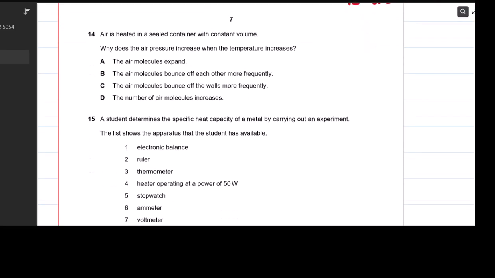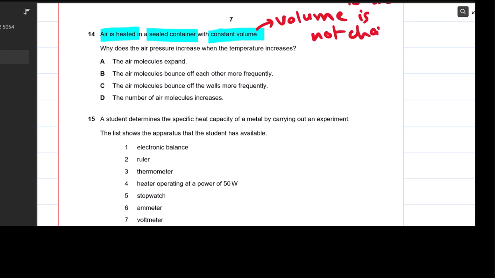Question number 14. Air is heated in a sealed container with constant volume. Volume is not changing. Why does the air pressure increase when temperature increases? When temperature increases, what happens?